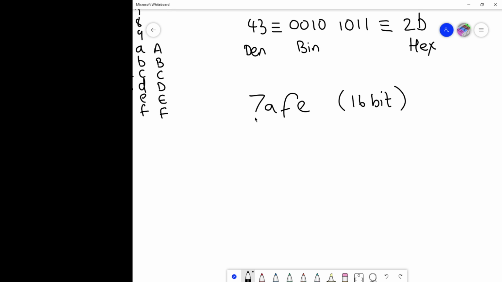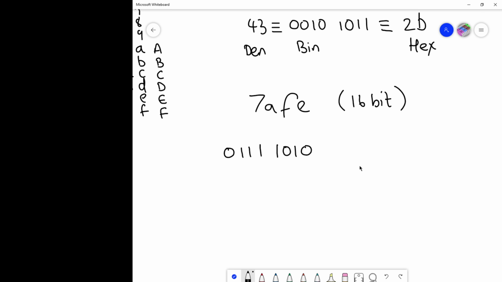So all I do is I say, well, what is 7 as a 4-bit value? So what is 7 in binary? Just as a 4-bit number. It's just that, isn't it? That's 7. A is 10. So what's 10 as a 4-bit number? 8 and 2, yeah, correct. So 8, 0, 2, 0.